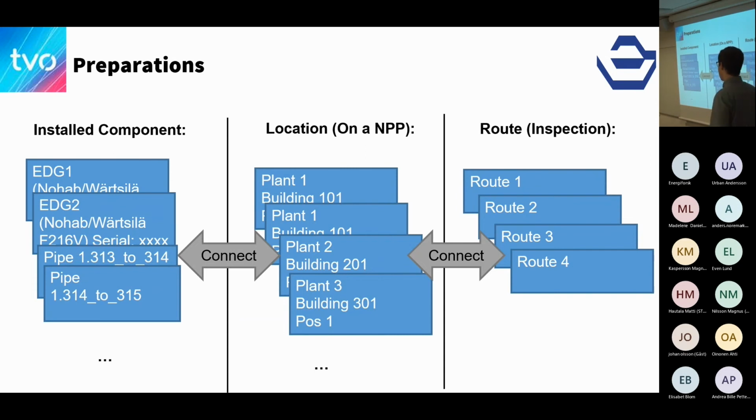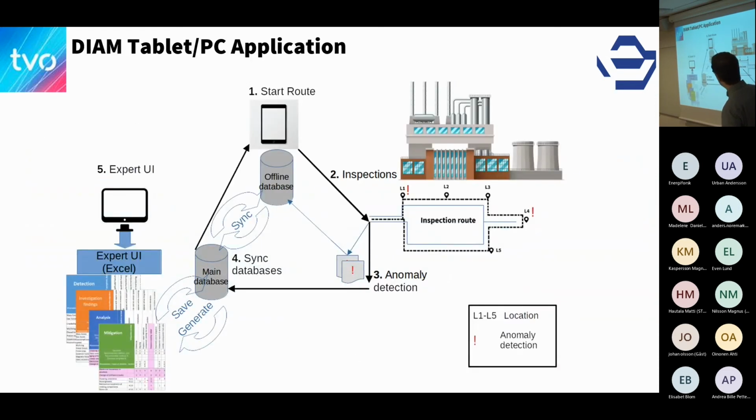These installed components with the serial number are then connected to a plant and maybe a building, maybe some position. This is the most critical part, the position in the plant. If I go back here, these would be the component position in the plant, usually indicated by some identifier.